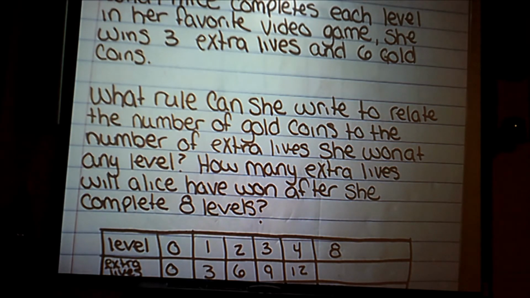We have to find the rule. Okay, the relationship between the gold coins and the lives that she wins. Also, we have to come up with a relationship, a rule for how many extra lives Alice will have won by that 8th level, like I said.